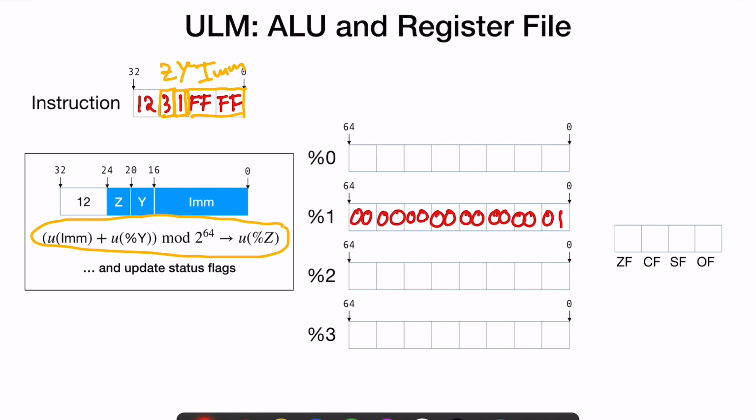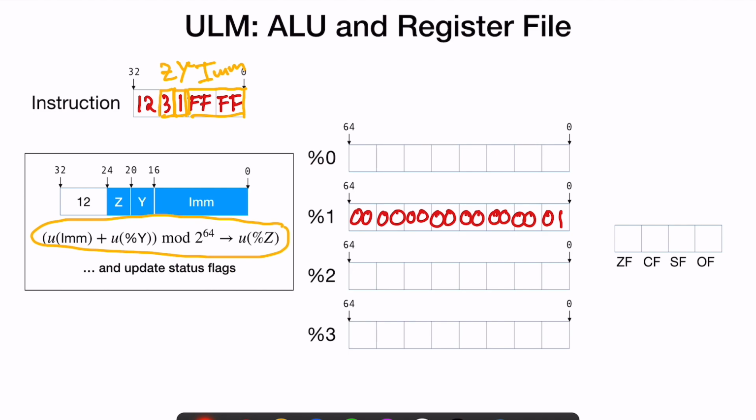Now let me first show you that this description can be used actually to predict what the result in register 3 will be, but actually these formal descriptions are not supposed to be a recipe for how you actually do these computations. It's just a formal description of what you will see afterwards.